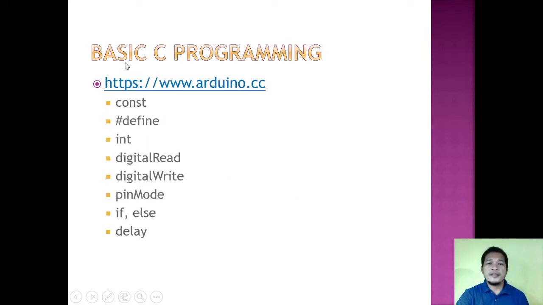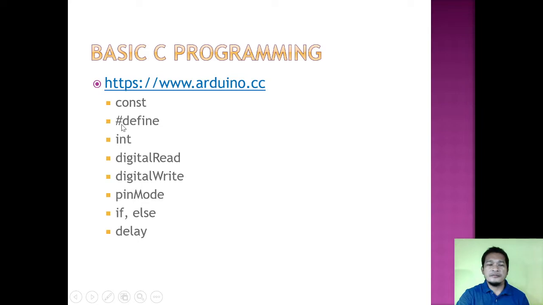Okay, what is the basic C programming? What are the usual ones we use, for example? There are more syntax, and the reference site is www.arduino.cc, which we will discuss later. In basic C programming, we have const, in small letters, for constant.